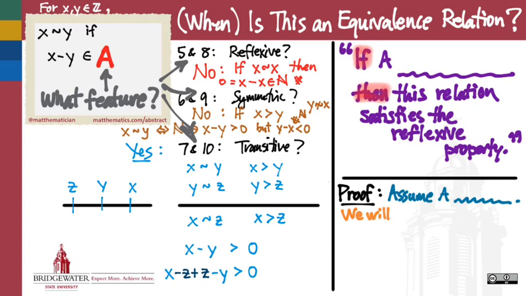I'm going to encourage you to write down your burden of proof so that the reader knows exactly what you now need to deduce. If P, then Q. Assuming P, what do we have to deduce? Q. We will show that this twiddle has whatever property your group is working with, the reflexive property.